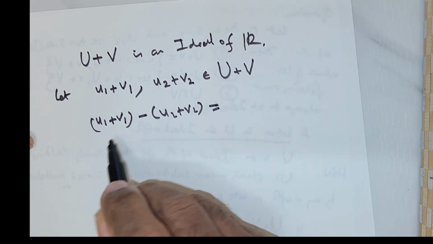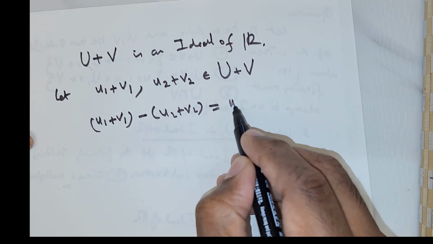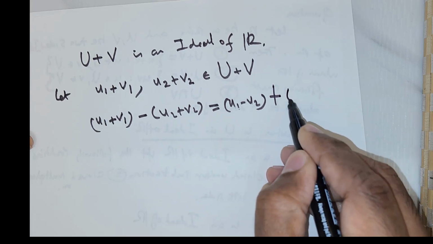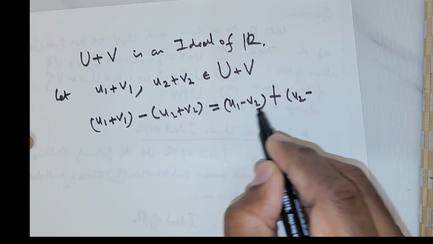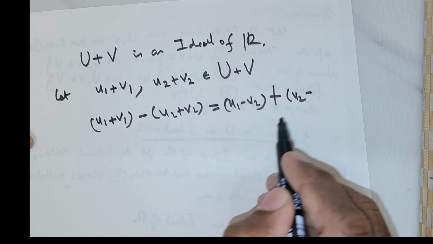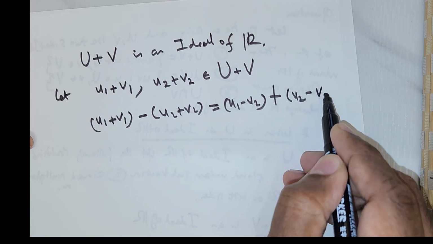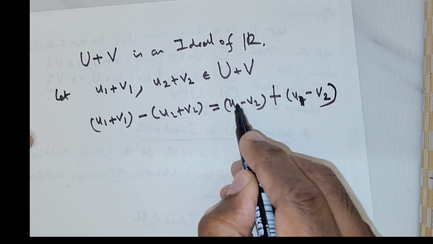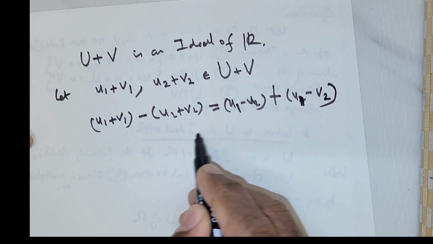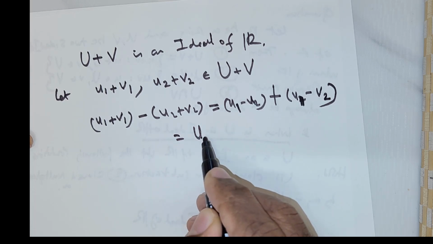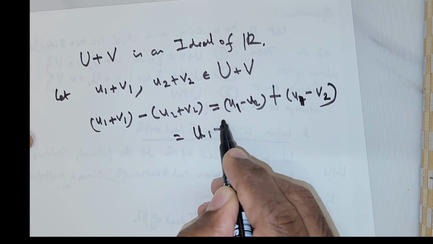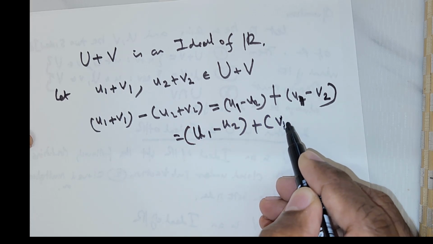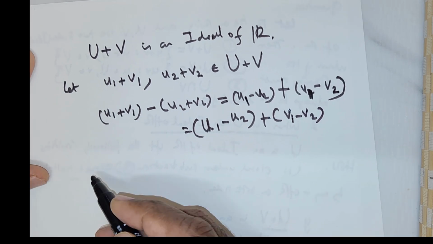So this can be rewritten as, I'm going to club U1 with U2 and V1 with V2. So let me reiterate it. This is U1 minus U2 added with V1 minus V2.